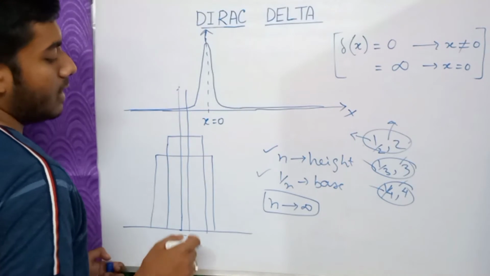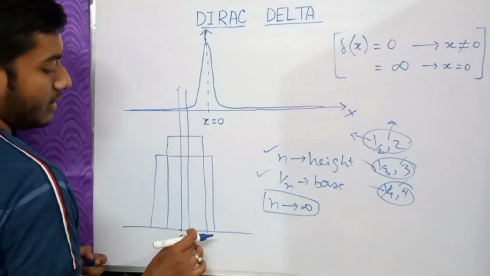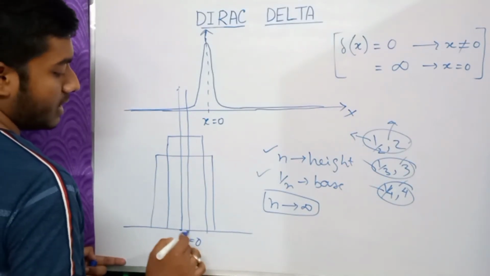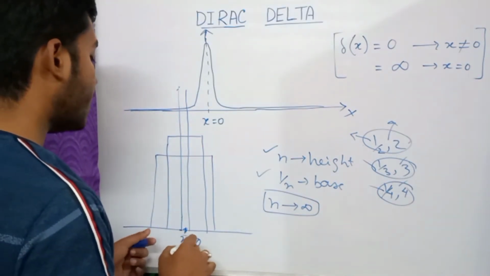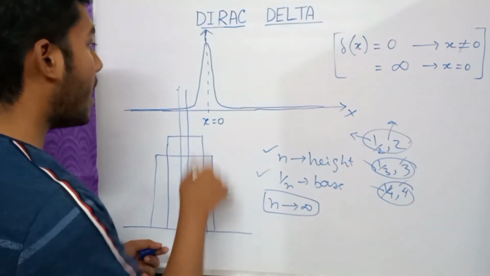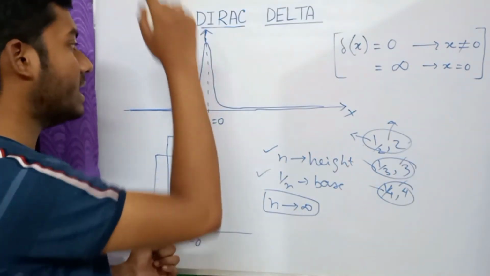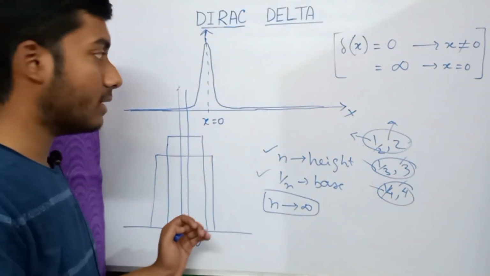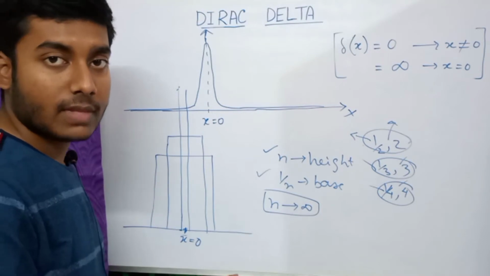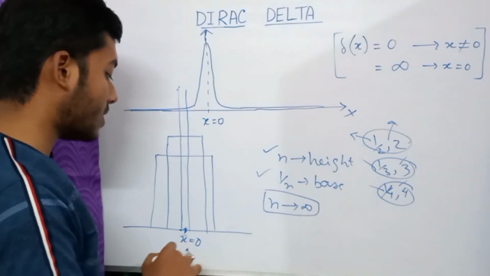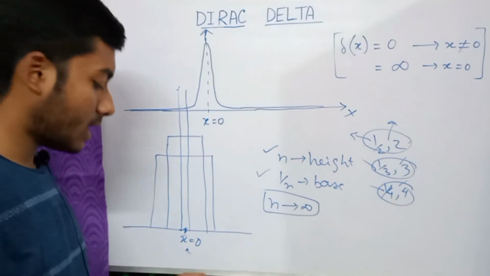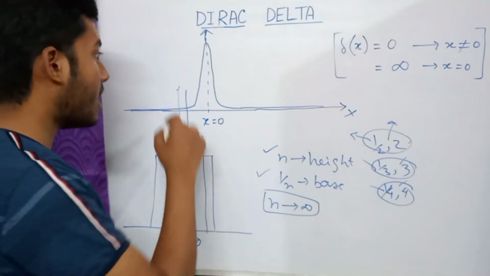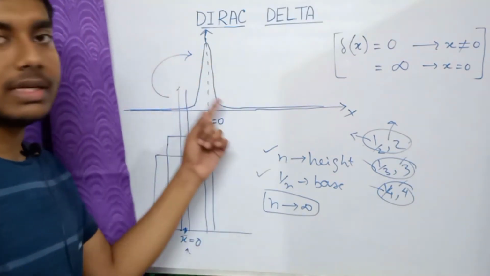Other than the point x equals 0, the functional value, that is the height of the rectangle, is 0, and at x equals 0 the height is infinity. So this turns into our Dirac delta function.